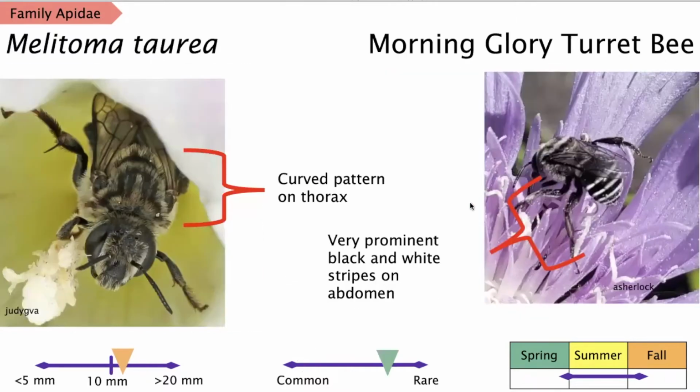Okay, this is the last bee I'm going to cover. And this is Melitoma taurea. This is called the morning glory turret bee because they're supposed to be a specialist on morning glory. But I see them on Ipomoea, which I guess is in the morning glory family. I find them on hibiscus.